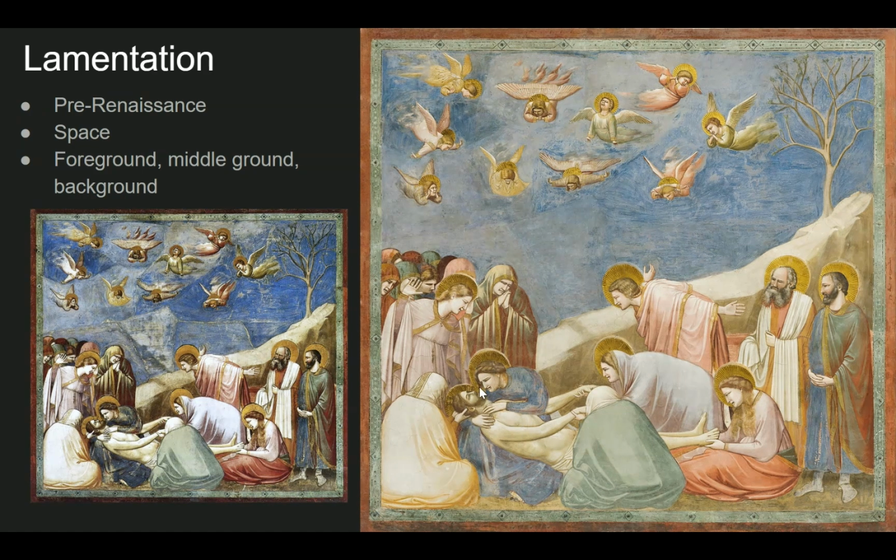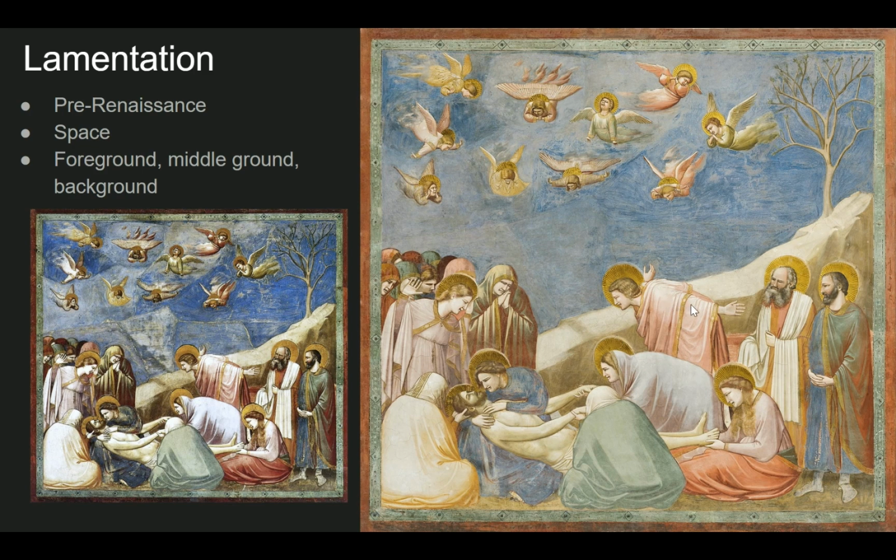Mary is holding his head, and then we have the middle ground in which these figures look upon it. We have this rock, and then behind them is the background, and we can see up in the heavens figures looking down. Notice how these figures look more classical. We aren't quite in our extremely realistic elements here, but we're starting to see the emergence of it.